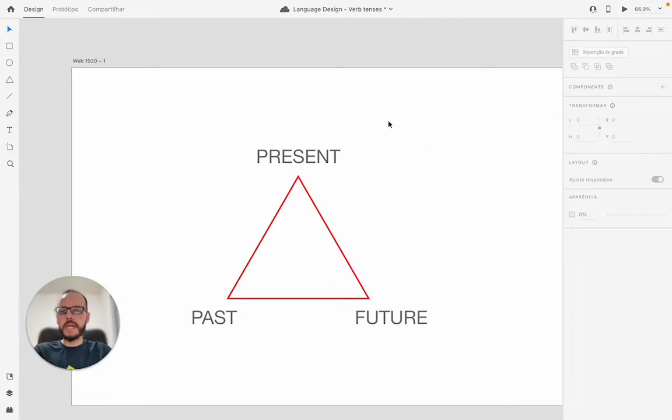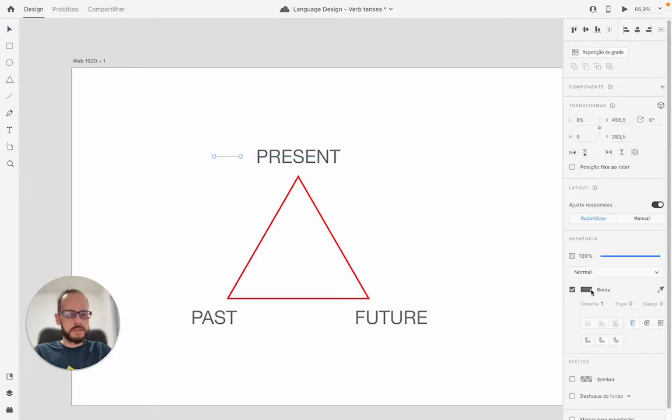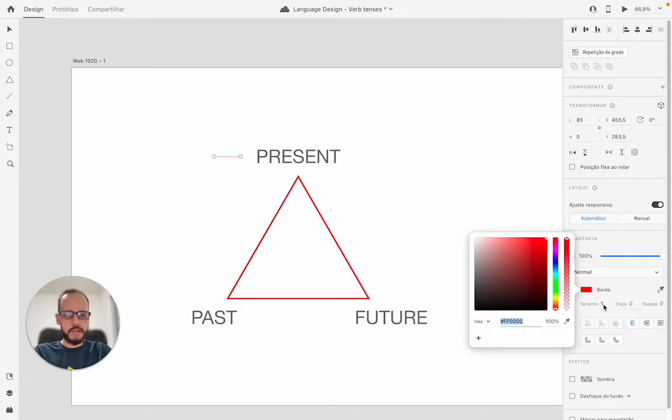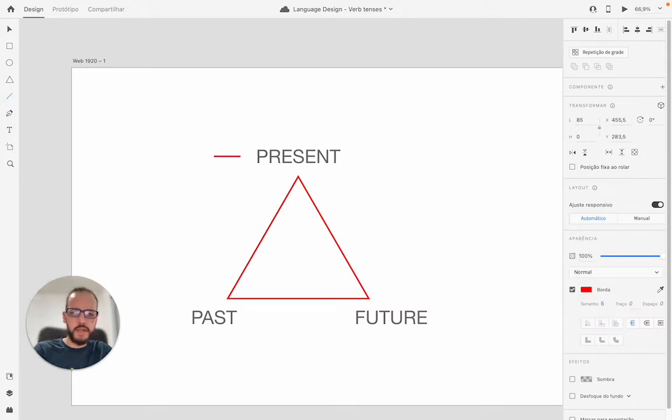After we understand that there is a past, a present, and a future, we have to understand that we have three kinds of sentences that we can create in this past, in this present, and in this future. We can have affirmative sentences, negative sentences, and interrogative sentences.